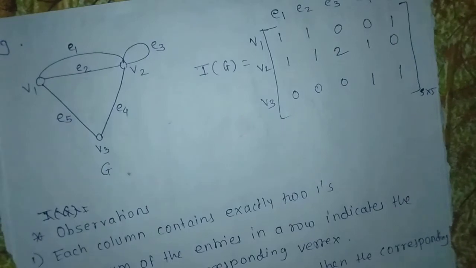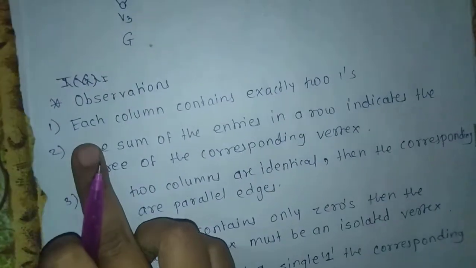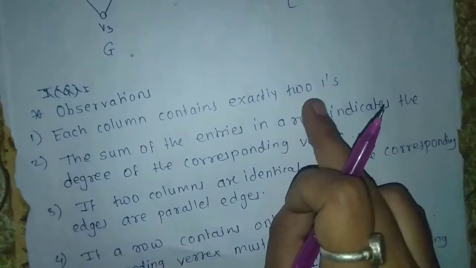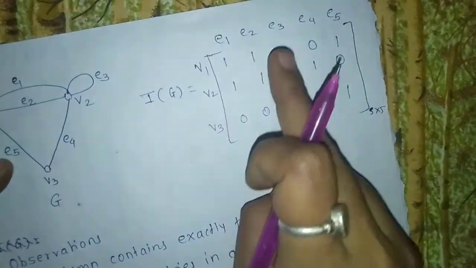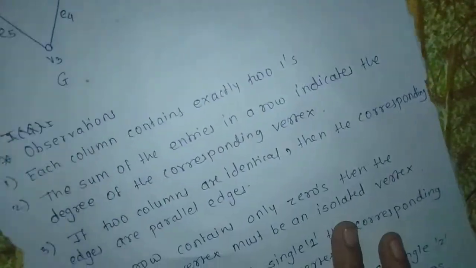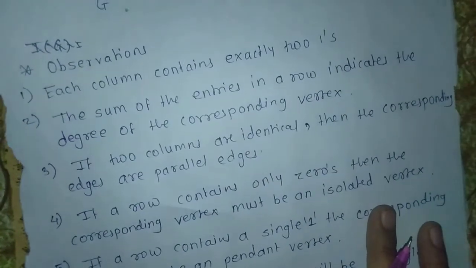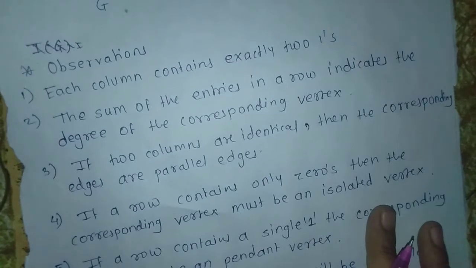Now observations of the incidence matrix. First, each column contains exactly two ones. Second, the sum of the entries in a row indicates the degree of the corresponding vertex, similar to the adjacency matrix. Third, if two columns are identical, then the corresponding edges are parallel edges.